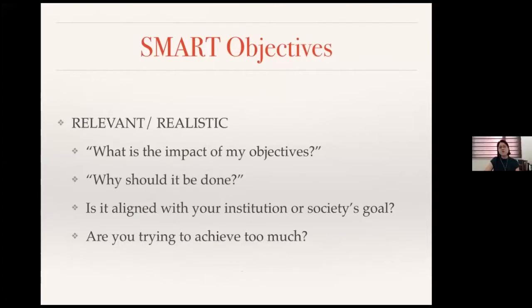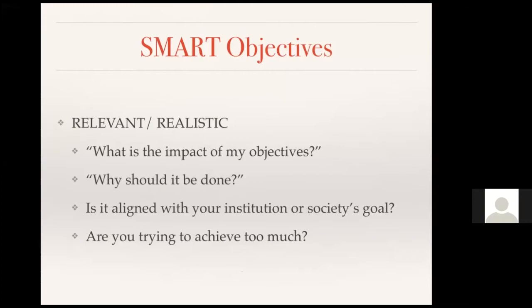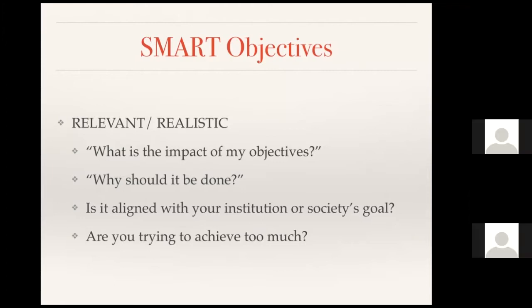So you have to start thinking, what would be the impact of your objectives? If the impact of your objective is only on a small group, or that it's only very biological and not really clinical, then maybe that's not a good objective. For example, you want to make a study on a certain drug that would bring down cholesterol levels by about 5 milligrams per deciliter.